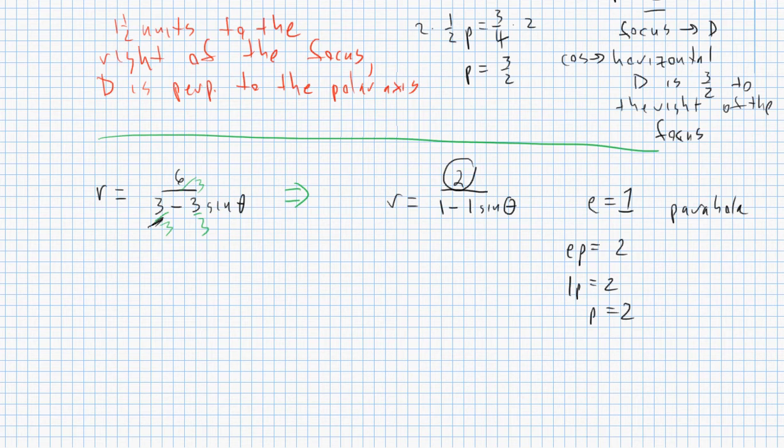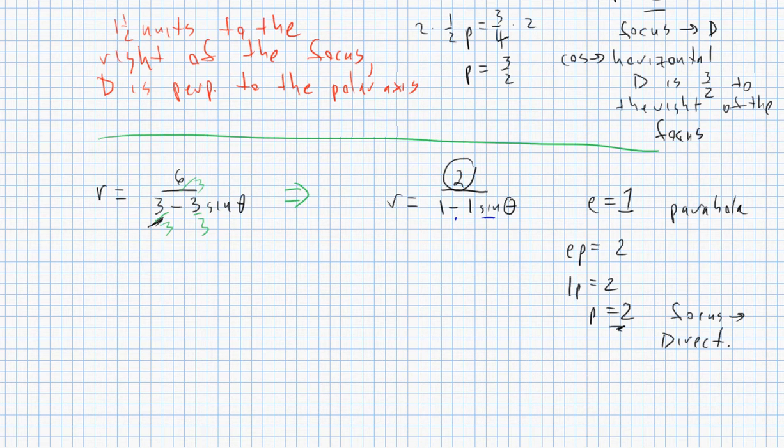So that means that the distance from the focus to the directrix in this parabola is equal to 2. So what else can we identify here? Well, we can see that it's a sine. Sine means that it's going to be a vertically oriented parabola. And the minus there, according to our formulas, indicates that the directrix is going to be located below the focal point.